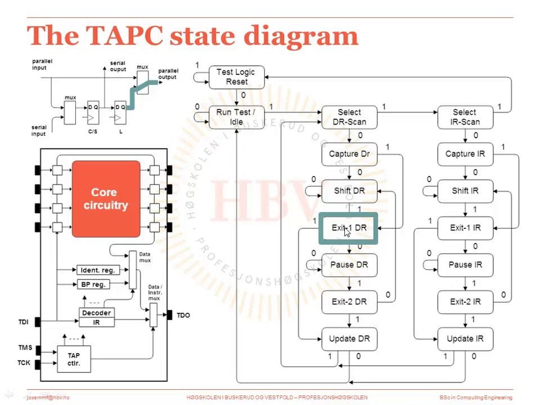As you may have guessed, this will happen when we go from exit into update. So when we go from exit to update data register, the content of the capture shift stage is uploaded to the latch stage, and the new test vector comes out to the output pins.